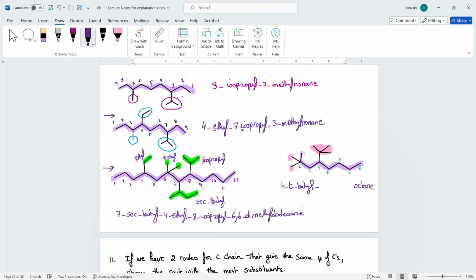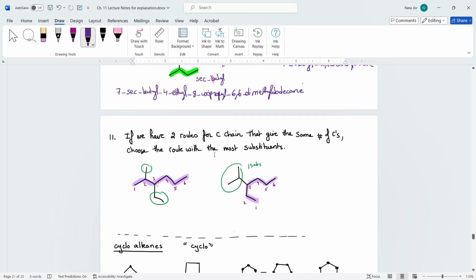And then on carbon 2, I have 2,2-dimethyl. So that is going to be 2,2-dimethyl and octane.